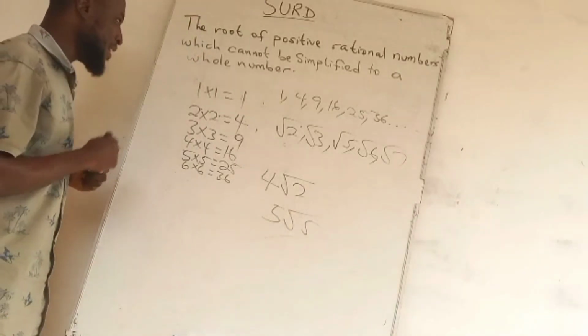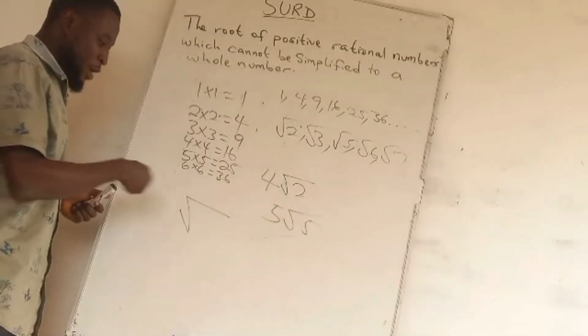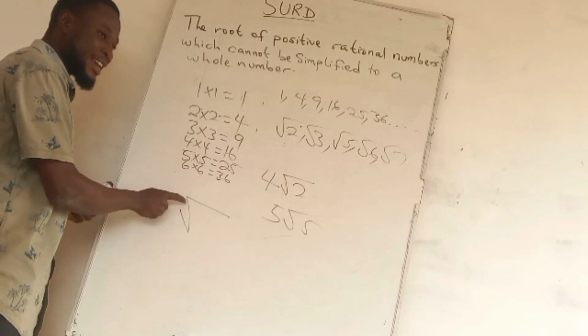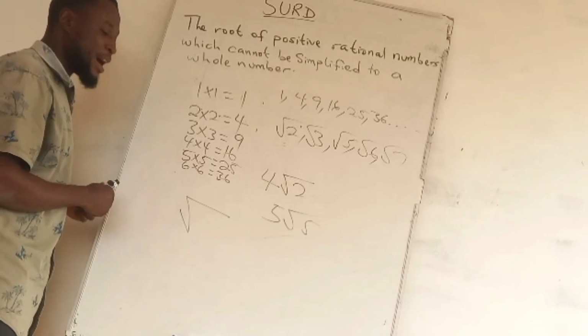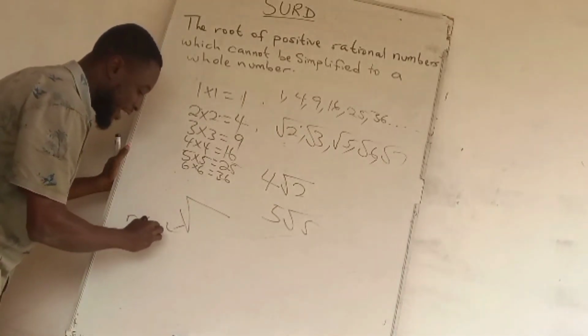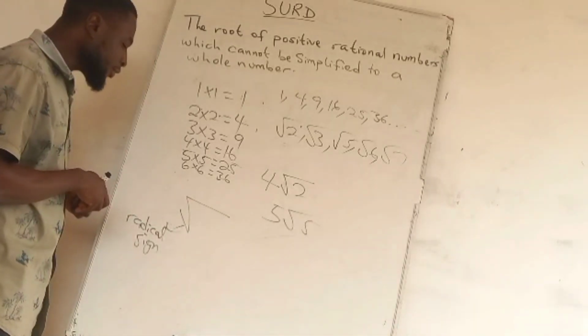Now let's look at the meaning of this. When we talk of this sign, it is not actually the square root, but it is called the radical sign. The radical sign.